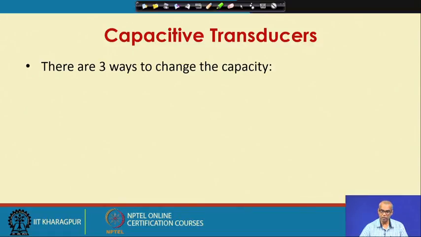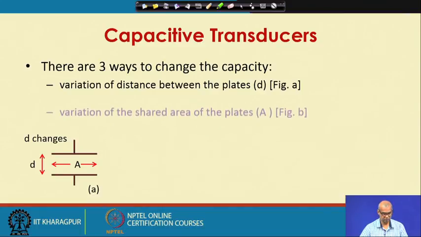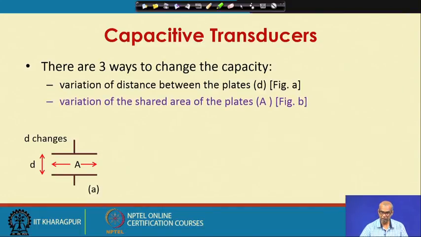There are three ways to change the capacity: variation of distance between the plates. So, if you change d, the capacitance will change. Variation of the shared area of the plates. So, if you change A by displacing the plates, there will be change in the capacitance.